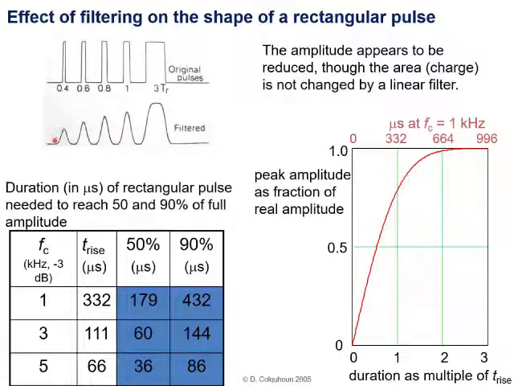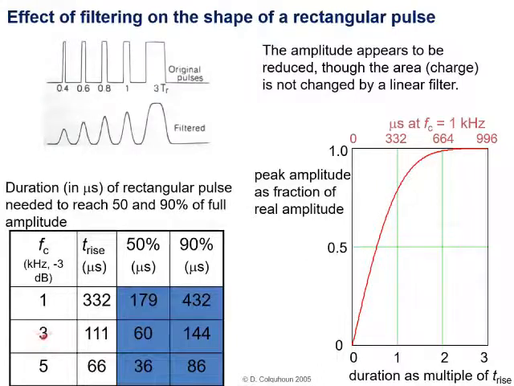They spread out, so the area is not changed, but the amplitude is reduced. So you can no longer measure them very simply, and you start having trouble measuring them also with threshold crossing methods.